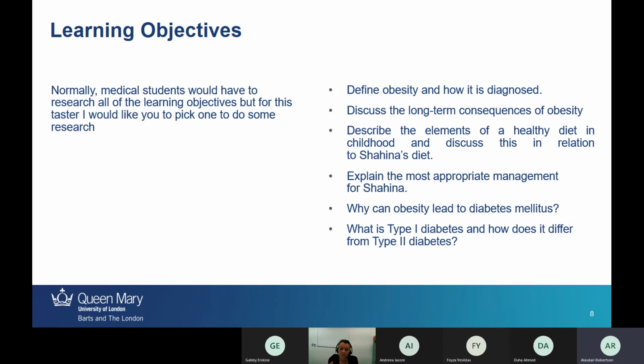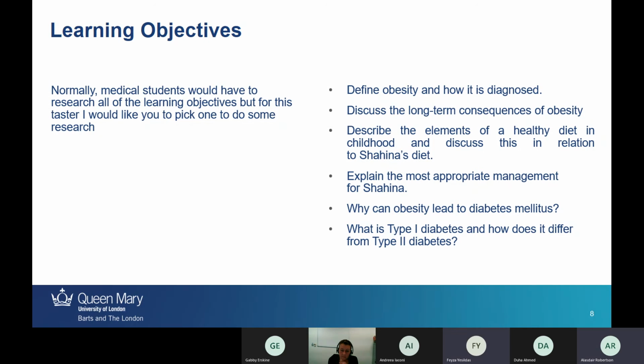Okay, so moving on. Describe the elements of a healthy diet in childhood and discuss this in relation to Shahina's diet. What did you find out in relation to this?